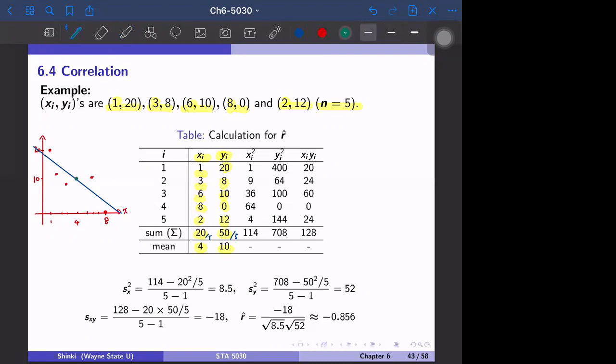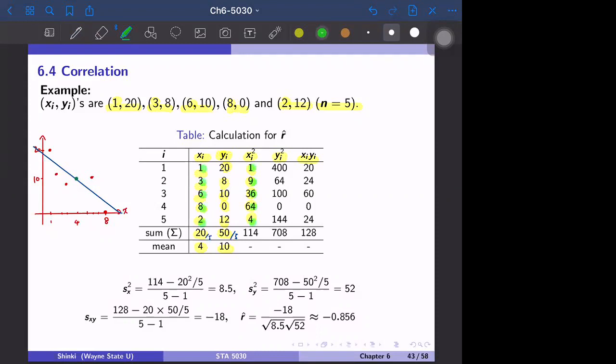Then to calculate the sample variance, we need the summation of xi square, also the summation of yi square, and the product xi yi for the sample covariance. So xi square is 1, 9, 36, 64, 4, since the values are 1, 3, 6, 8, 2.